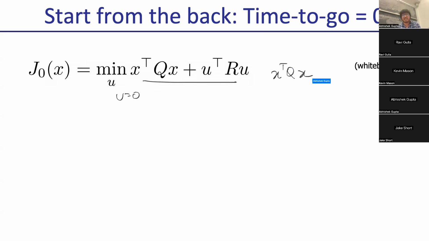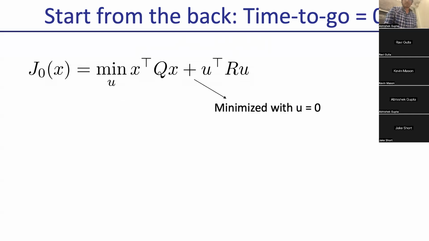So at the last time step, let's say you're at some state X, the cost at that state is going to be X transpose QX because the best thing you can do is apply action 0. Does that make sense?